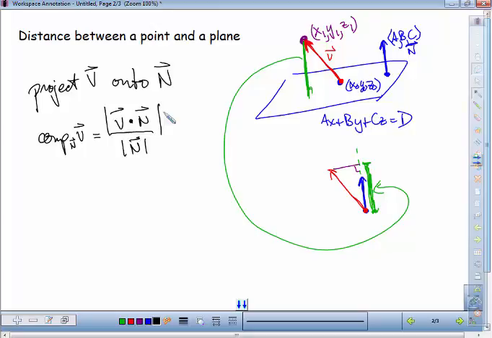Because the components were x1 minus x0, y1 minus y0, z1 minus z0, and so when we take the dot product, we're just multiplying the components of the normal vector onto it, and what you end up with is ax1 plus by1 plus cz1 minus g.